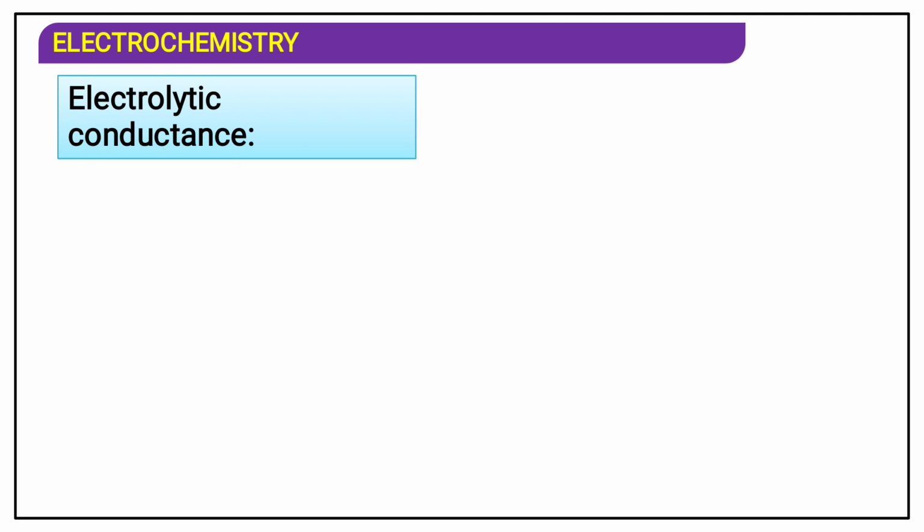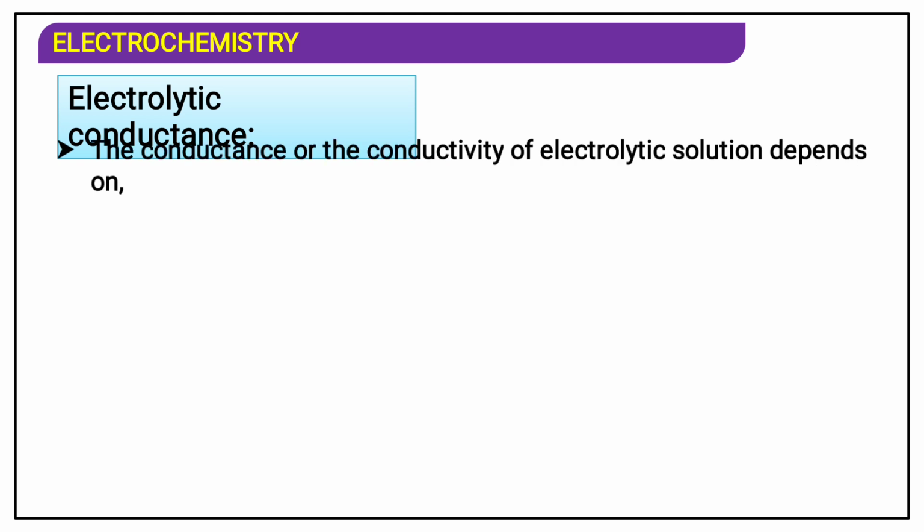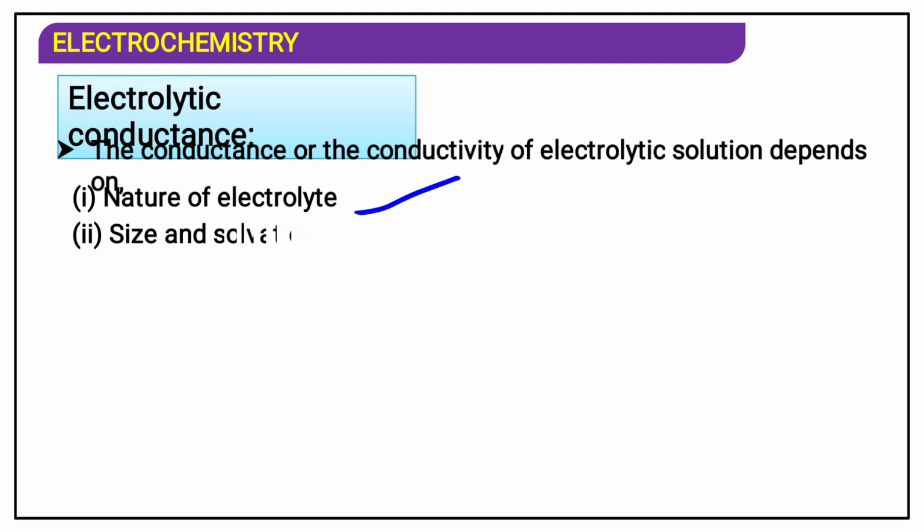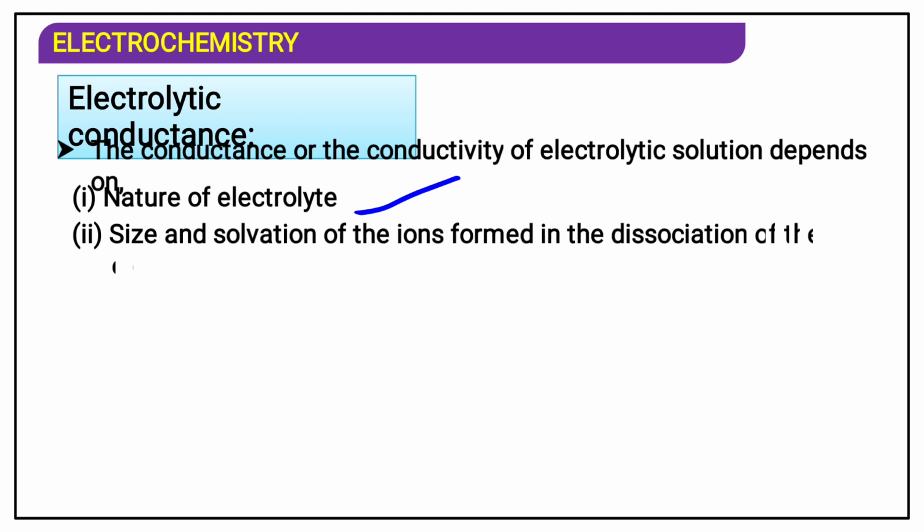Okay, and next very important: the conductance of the electrolytic solution depends on certain factors. What are the factors which affect this? There is the nature of the electrolyte. Next one is the size and solvation of the ions.